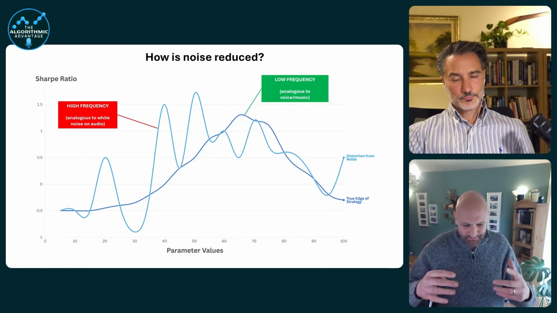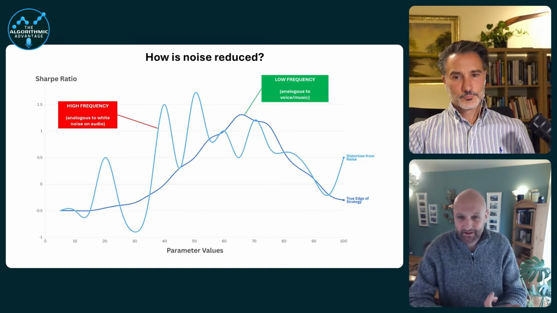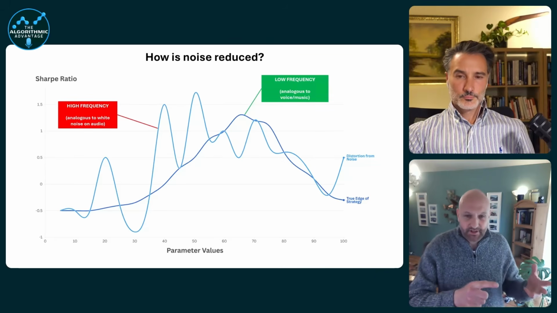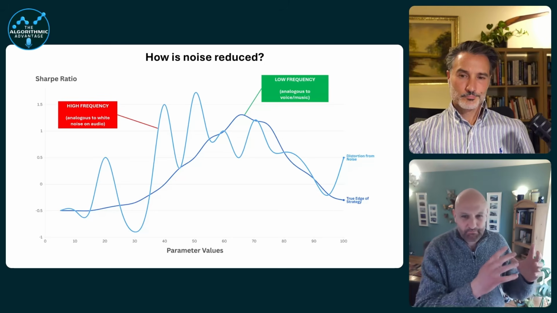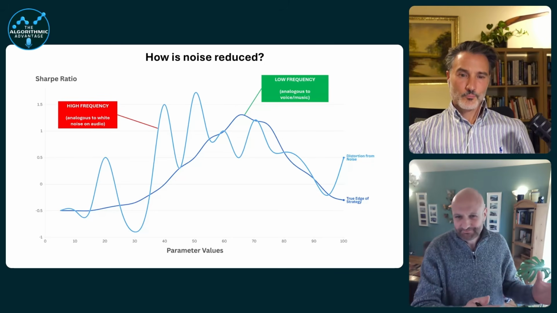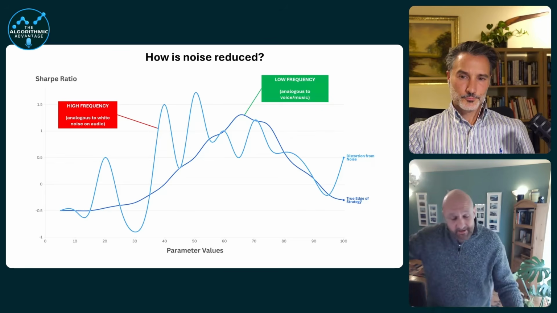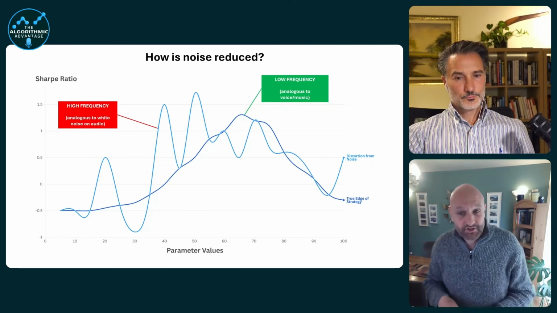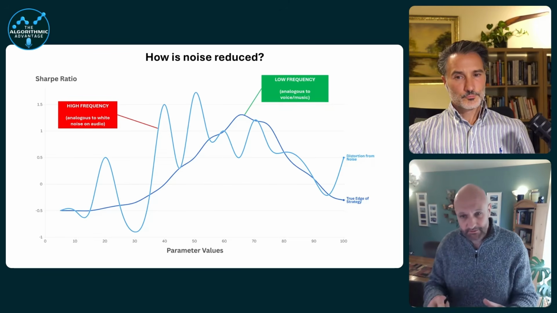You've got the sound that you actually want, someone talking, music, whatever it is. And then you have this other element called white noise, which is the background hiss. And the background hiss is very, very high frequency noise. And the sound that you actually want to retain is much lower frequency.